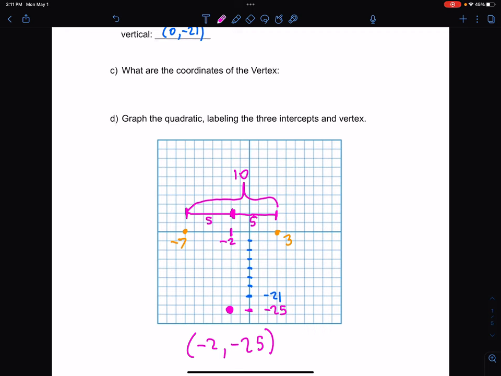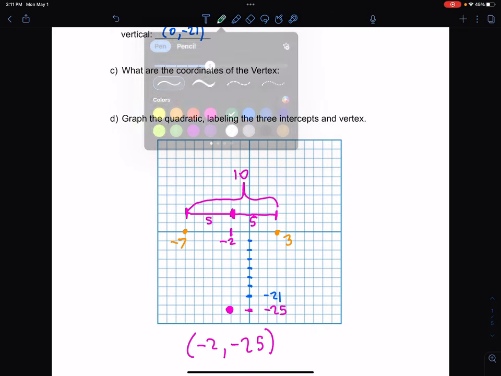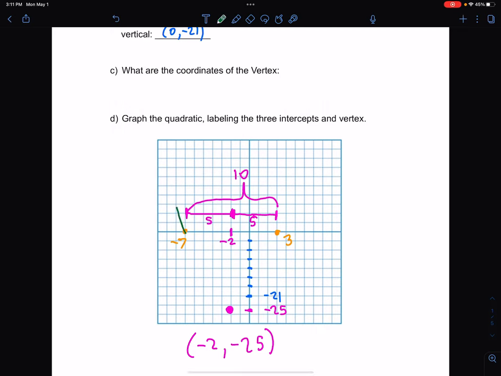What should I graph? What color we got for that? Let's graph it in green. So my graph, I'm going to hit all these points, right? It goes to that horizontal intercept. It goes through my vertex, which I found because it was right in the middle of my 2 horizontal intercepts. And then I plug that number in to find the y value. It goes through my vertical intercept, which is just whatever that constant term is in standard form.